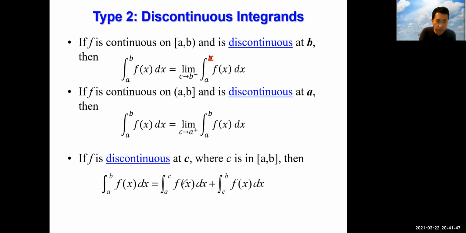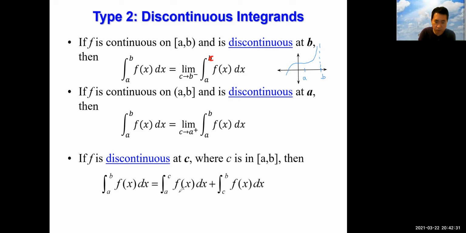Okay, if we're going to illustrate this, it's going to look something like this. You have the x-axis and the y-axis, and now you have the interval from a to b. The function is not continuous at b, or in other words, we will have a vertical asymptote at b. So let's say it goes like this.